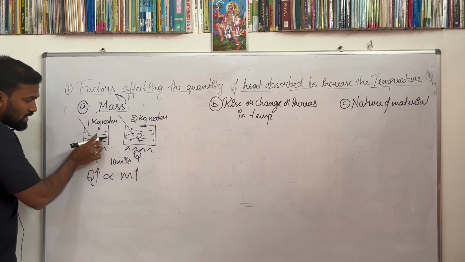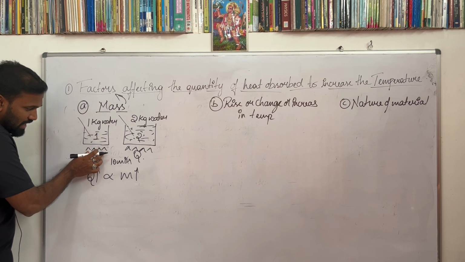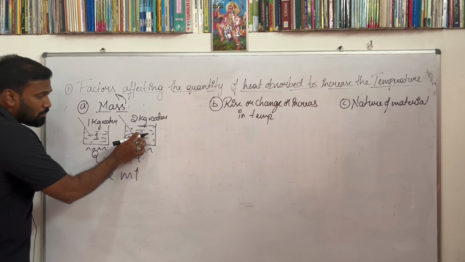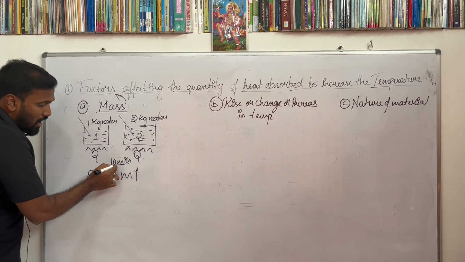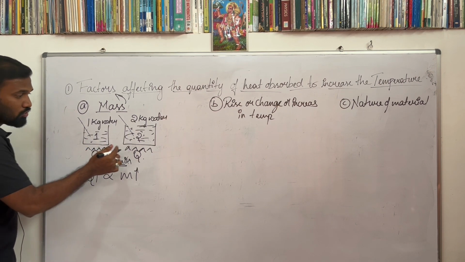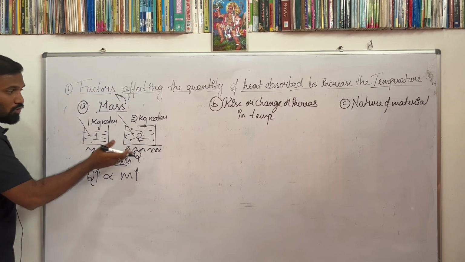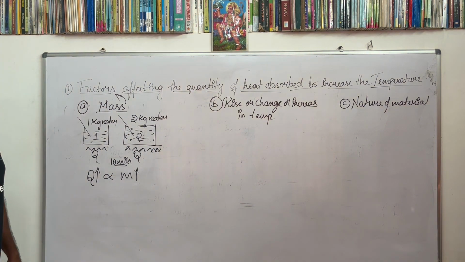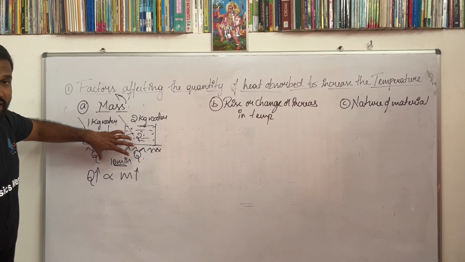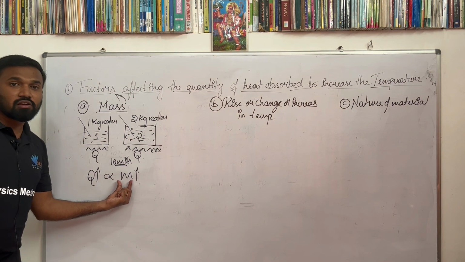Here for 1 kg of mass we are giving 4 flames, that means less heat energy, but for 2 kg of mass, if I want to get the same temperature after 10 minutes, I have to put some more fire. So we can conclude that the quantity of heat energy absorbed depends directly on the mass.